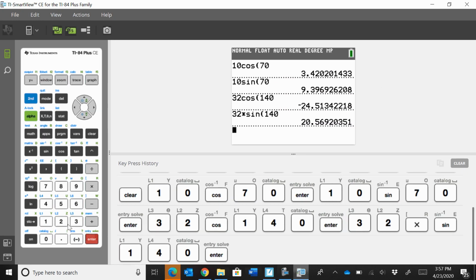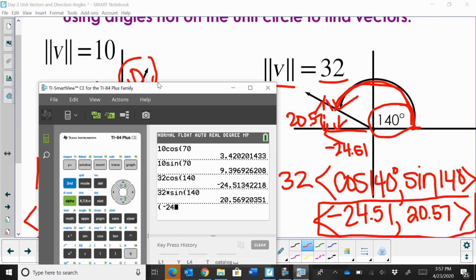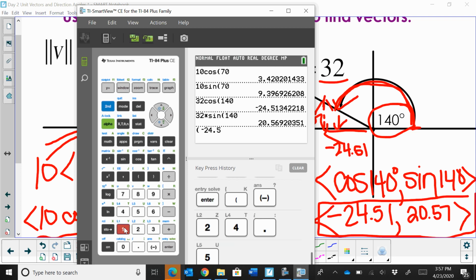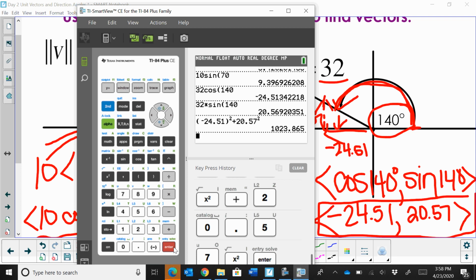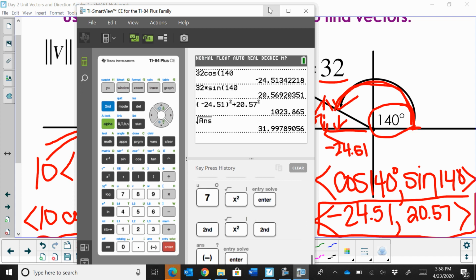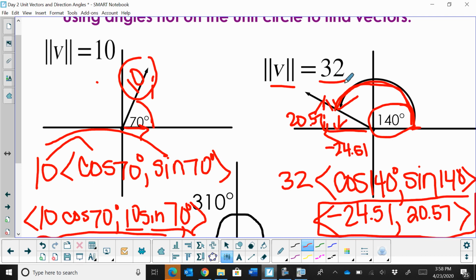I'm going to take the quantity negative 24.51, square that, and add 20.57 squared. That's going to give me c squared. So let's take the square root of that answer. And 31.99 rounds up to 32. So the magnitude is indeed 32.